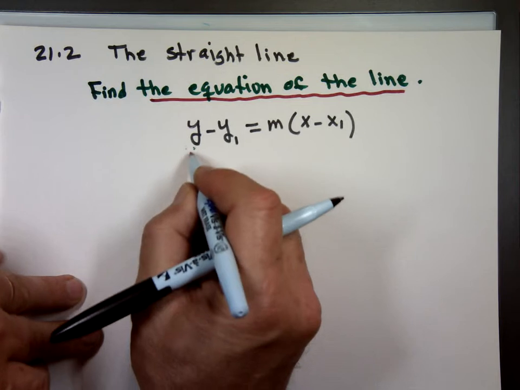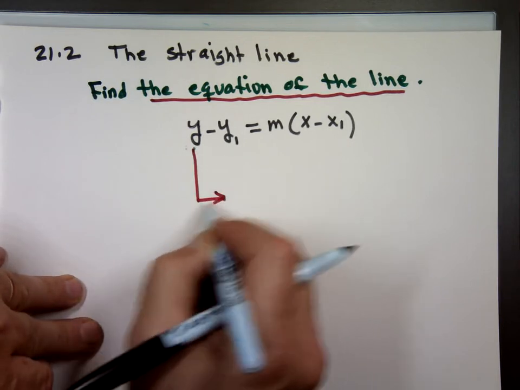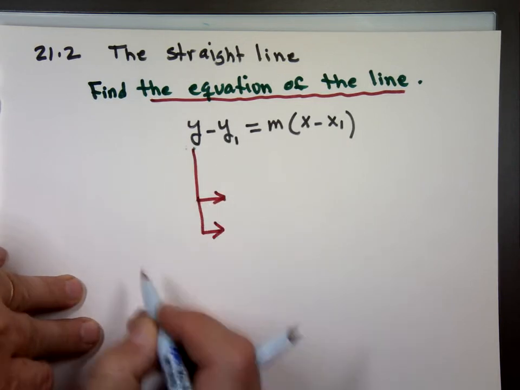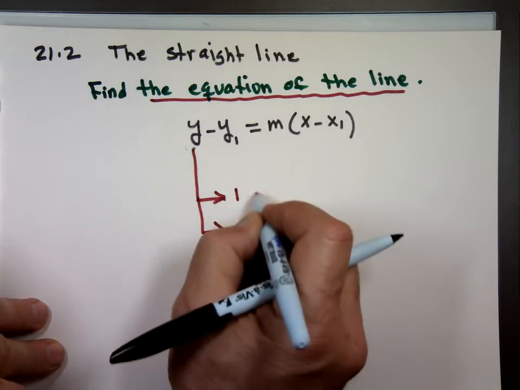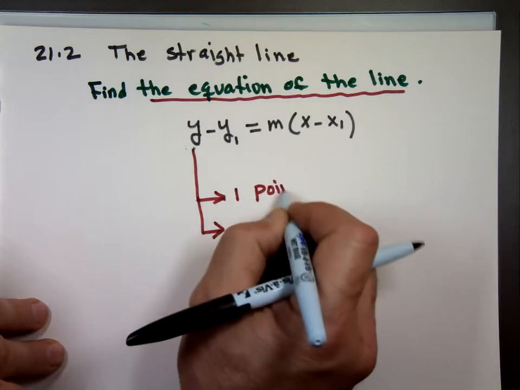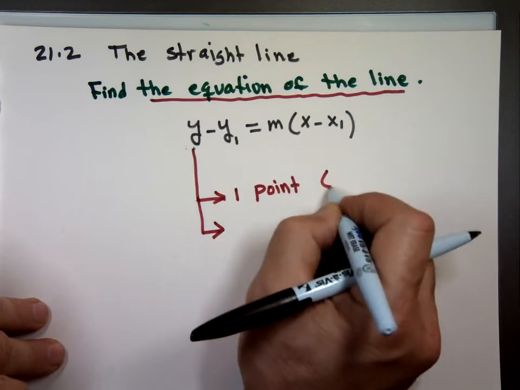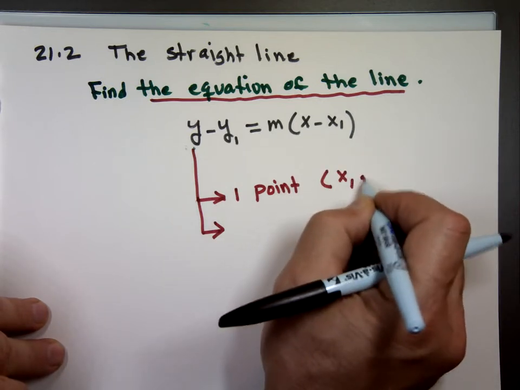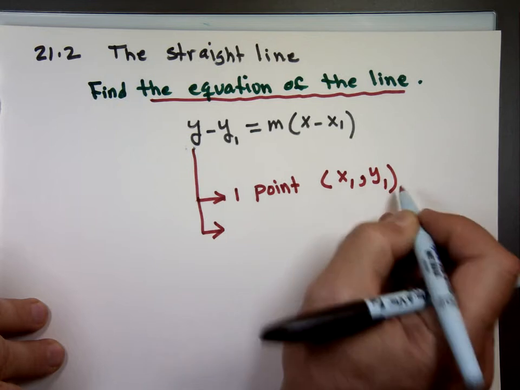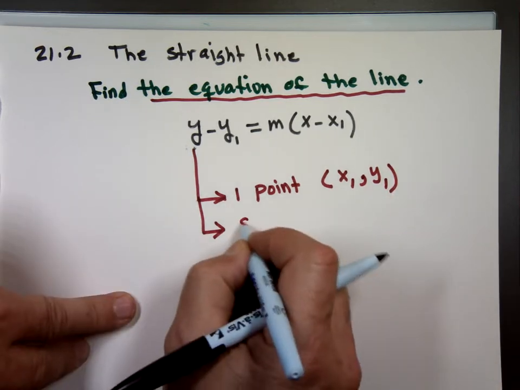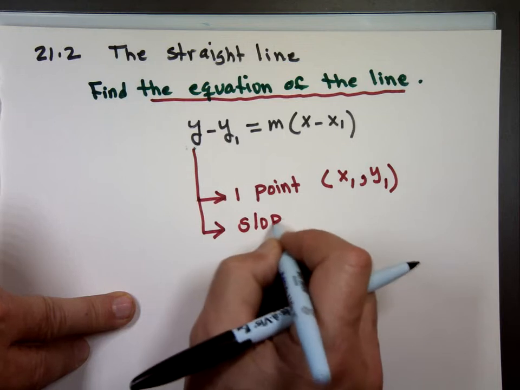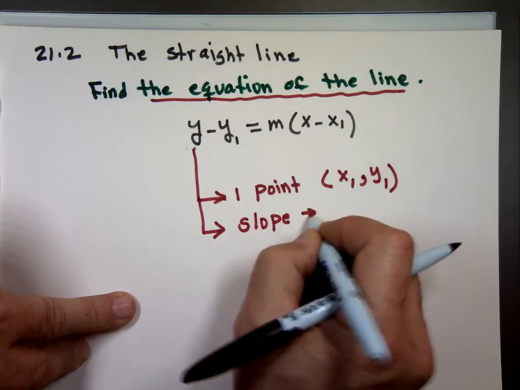To use this one, two things have to be given to you. You should have one point, and that point will give you x1 and y1. And the other thing should be given to you, or somehow can be found, as the slope, which will give you m.